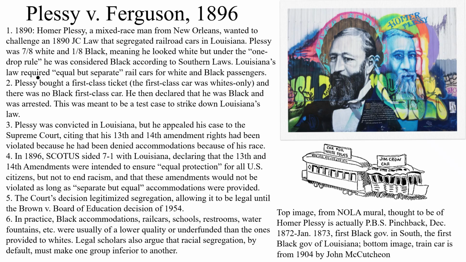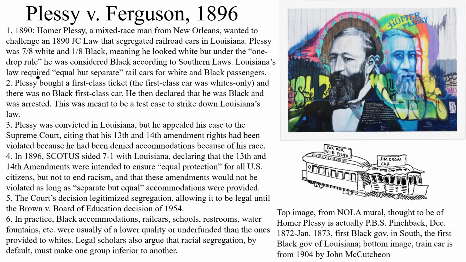They narrowed how the federal government could get involved in state laws if those state laws seemed to be violating the federal law, the Constitution. And basically what the Supreme Court says is that the 13th and 14th Amendments are not being violated as long as separate but equal accommodations were provided.